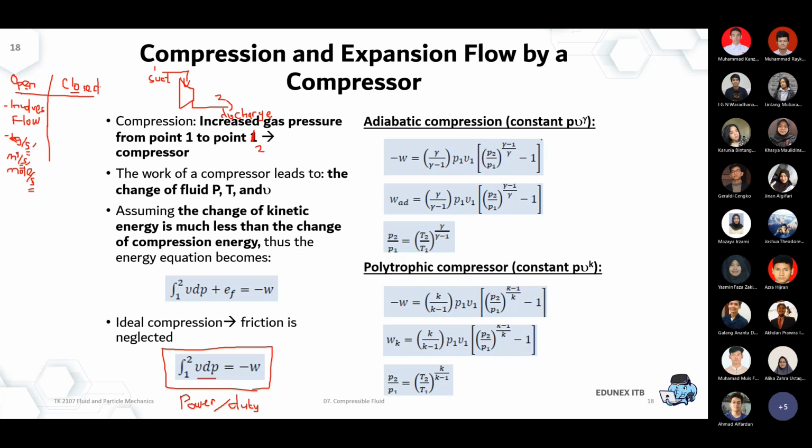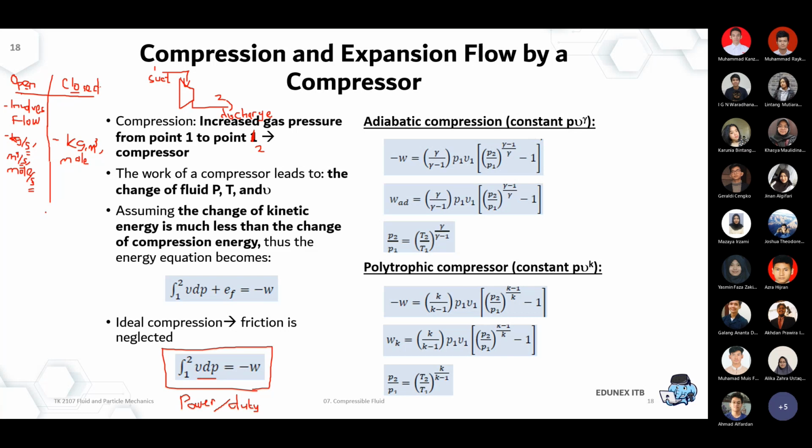That's why we can say it is a flow. For every second, there will be X amount of kilograms going into the compressor and going out from the compressor. For a closed system, the unit will be different. There will be no time basis. It's either kilogram, mole, or cubic meter. That's the simplest way to look at the difference between open and closed systems.